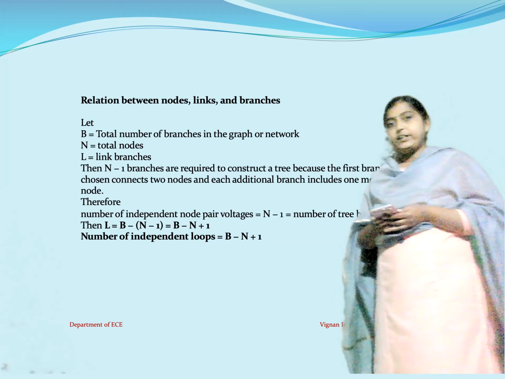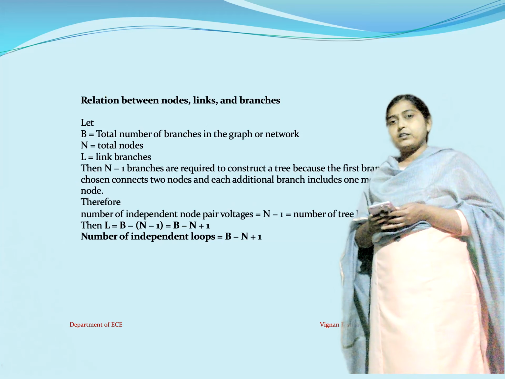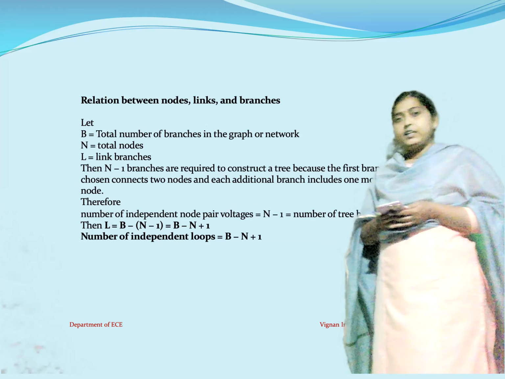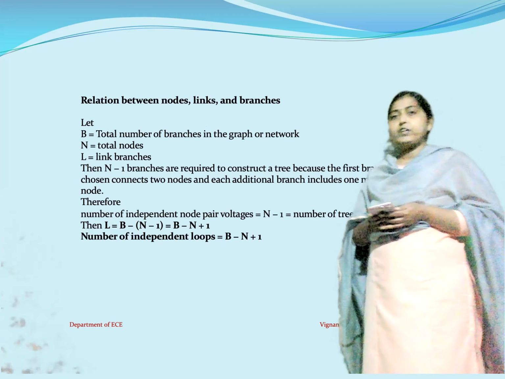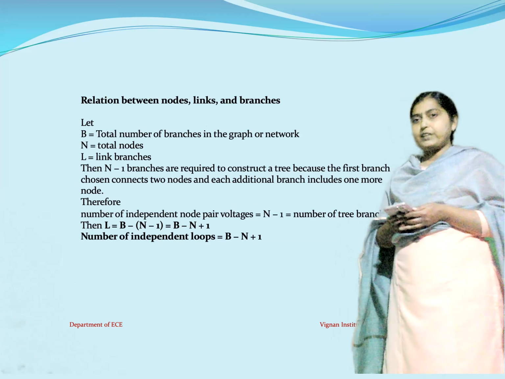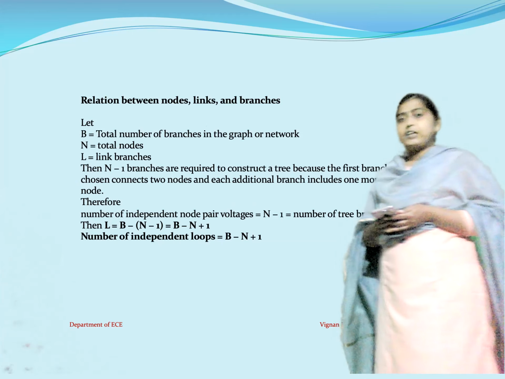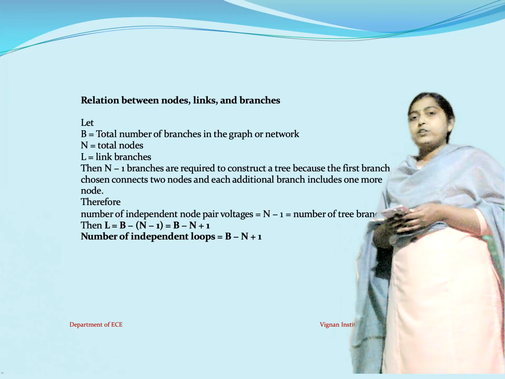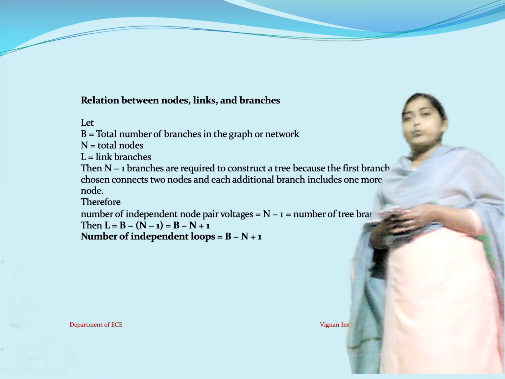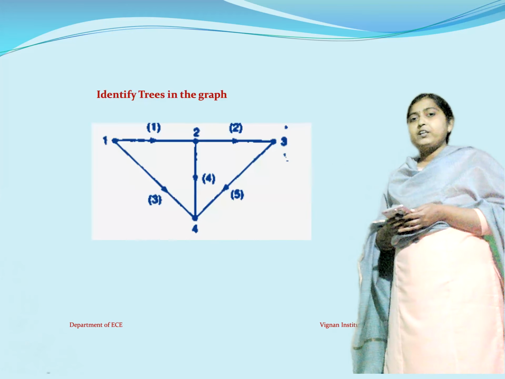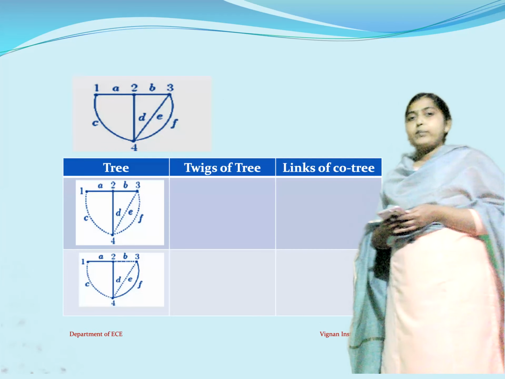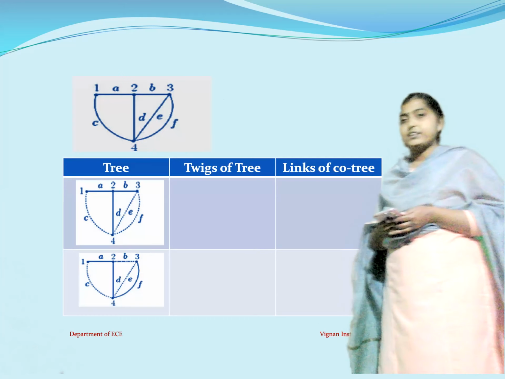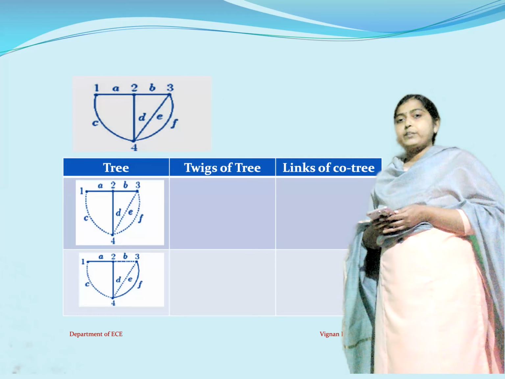The number of links is calculated based on the formula b minus n plus 1, where b represents the number of branches and n is the number of nodes. Then we replace the removed branches with a dotted line, which we call links. Remember that links are represented with a dotted line. So we have discussed up to this point in the previous class.